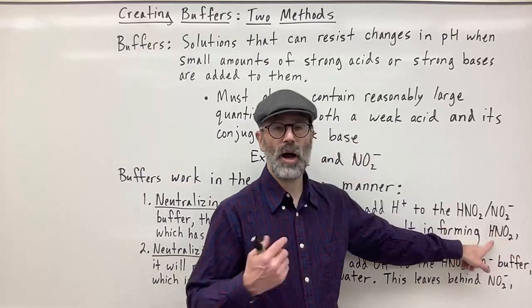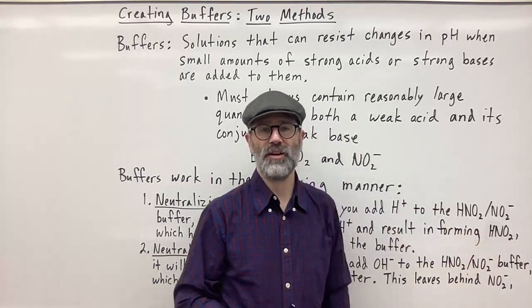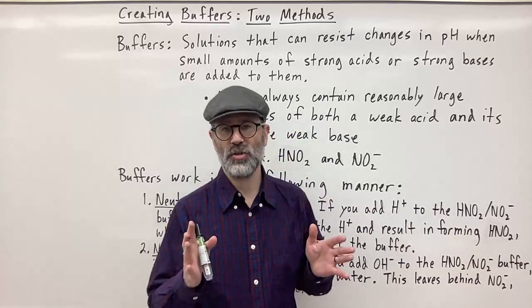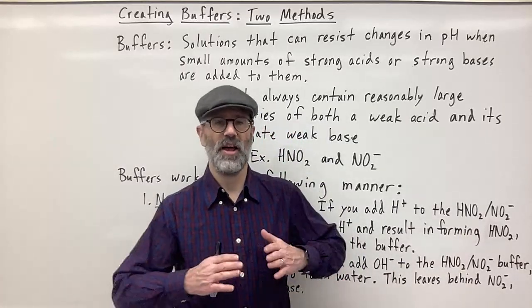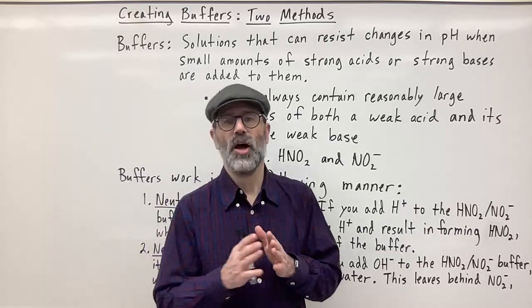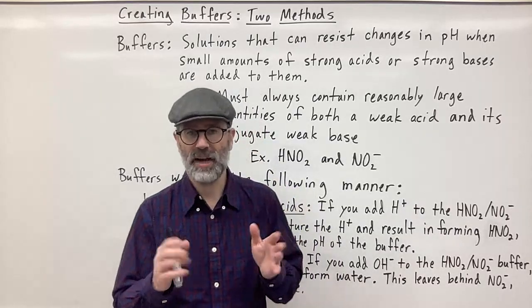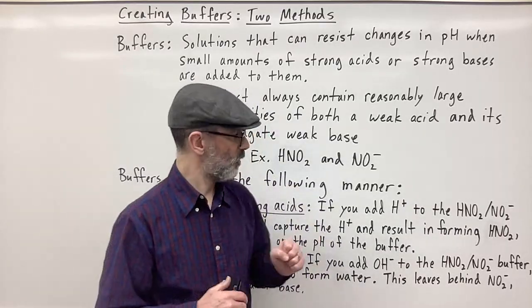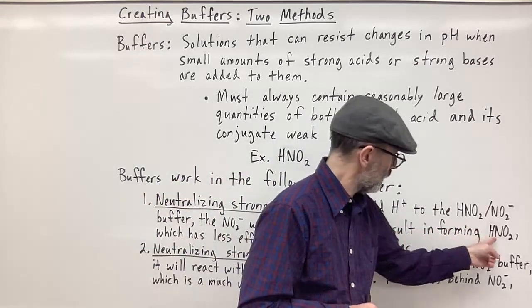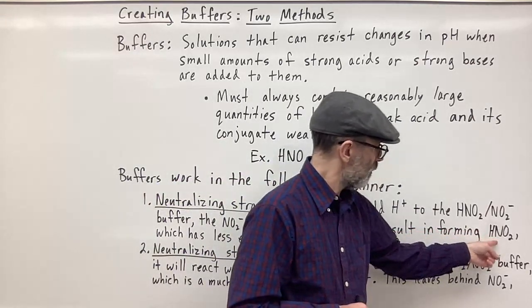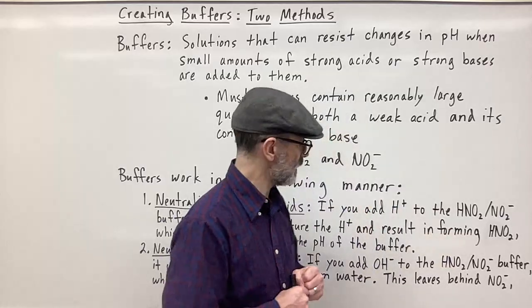If you remember, weak acids are acids that hardly dissociate in water compared to strong acids. A very, very tiny bit will dissociate or ionize in water. Why is that? It's because the bonding here is so strong that they like to stick together.